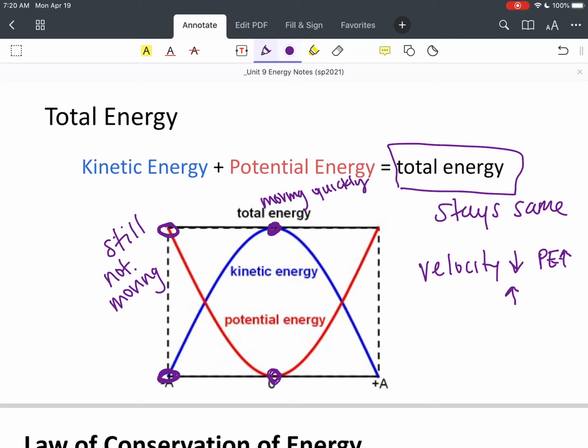They're kind of opposite. When our velocity is high, like up here, we're moving quickly, our potential energy is low. So those have an indirect or inverse effect.